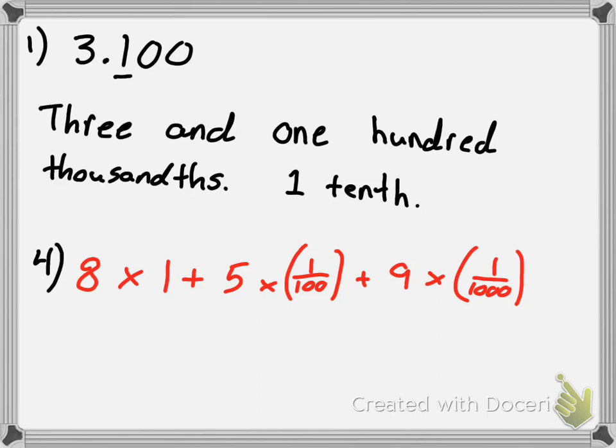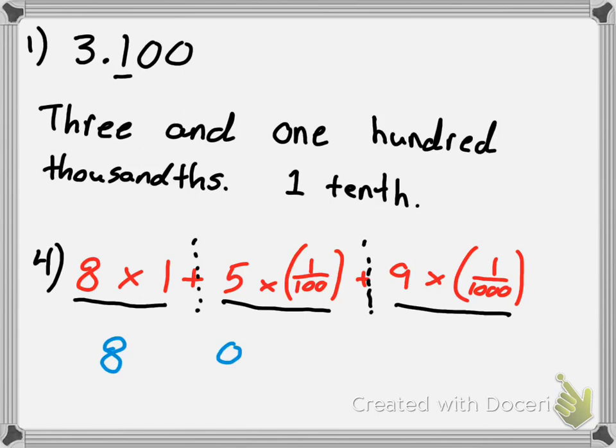Anything that is multiplied is going to be its own place. So 8 times 1 will be a place. 5 times 1 over 100 is a place, the hundredths. And 9 times 1 over 1,000 is a place, the thousandths place. I like to split them up because I know when there's a plus sign, I can divide it right down the plus sign and go, okay, each of those is going to be a place.